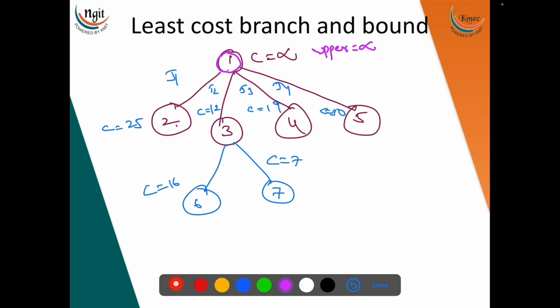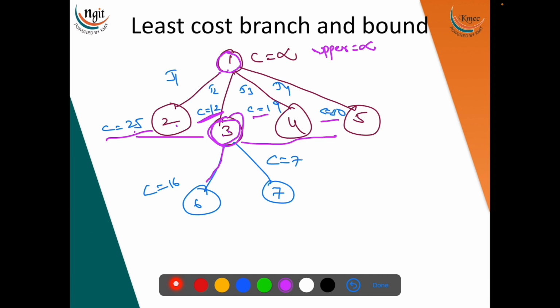For each job to complete, we'll take some cost. I'm just giving an example here to understand how the LC method works. To complete the J1 task, the cost is $25. To complete J2, $12, $19, $30. Among these four, whichever is least cost will get expanded again. Out of these four values, 12 is the least cost. So now this node is going to be expanded.